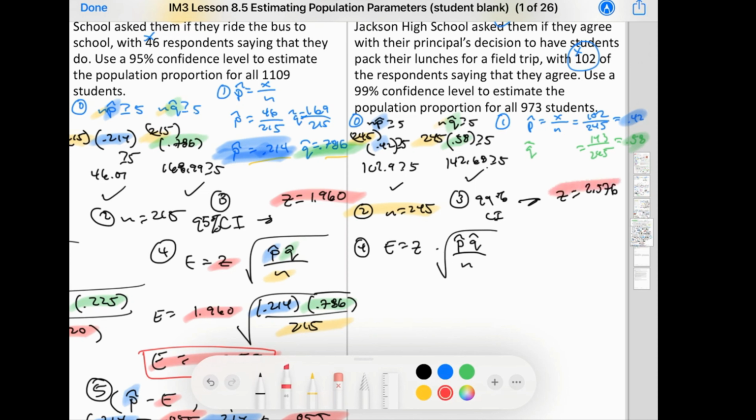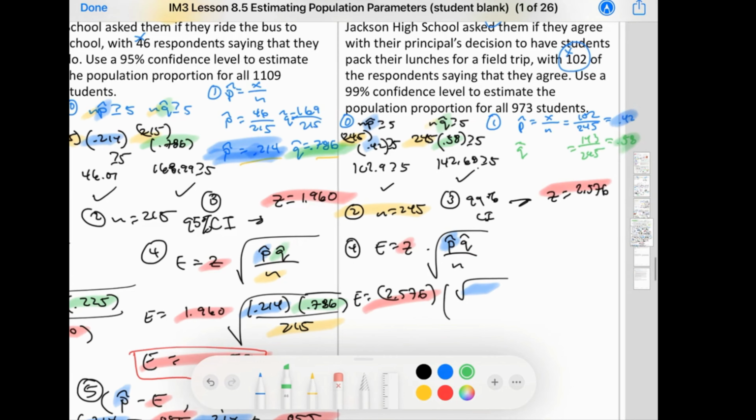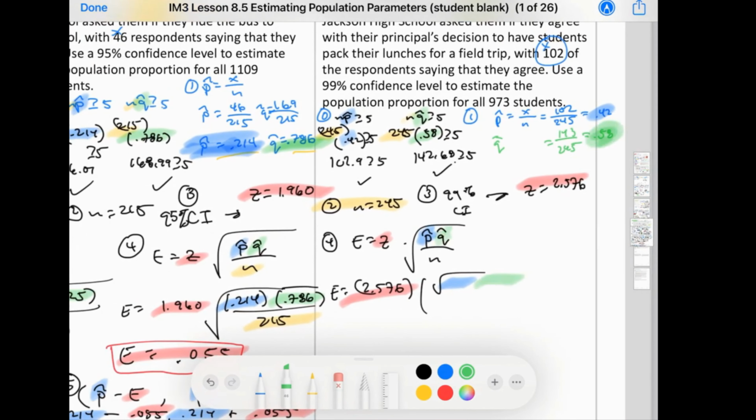And we said that z goes here, and 0.42 from over here, and then our n value, which is 245. So 0.42, 0.58, and 245.